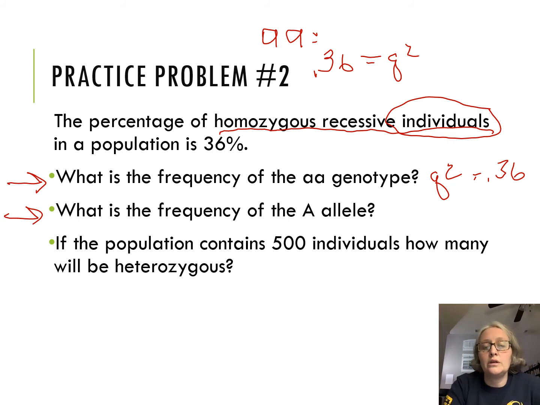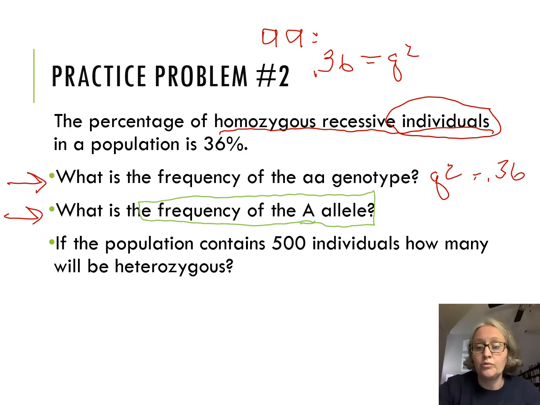What is the frequency of the big A allele? In this question, we're specifically asking about an allele frequency, not an individual frequency. So we need to use the equation P plus Q. The only thing we know right now is Q squared equals 0.36, but from here we can work backwards. We can take the square root of it. From here we can figure out that Q equals 0.6.